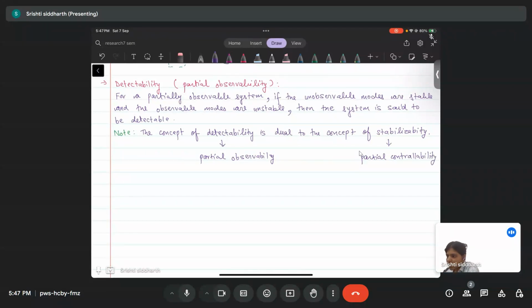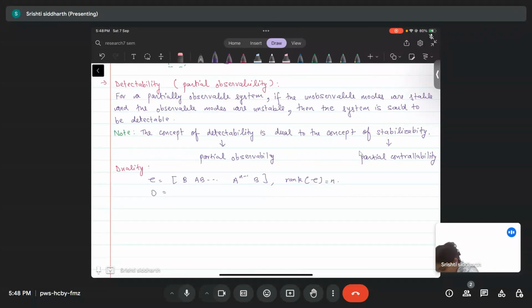So just a note about the principle of duality. For the controllability matrix, let's write this down as some C. We have B, AB up to A to the power n minus 1 B. So controllability implies that rank of C is n.